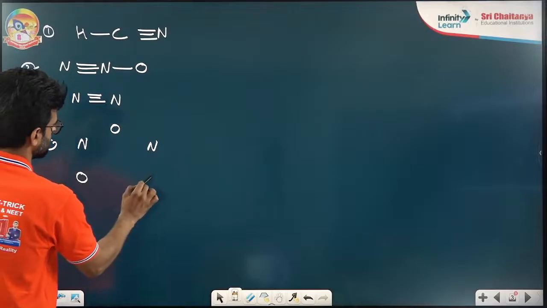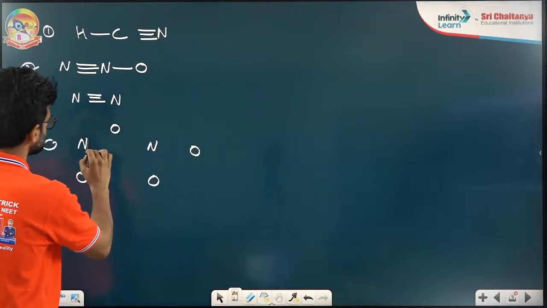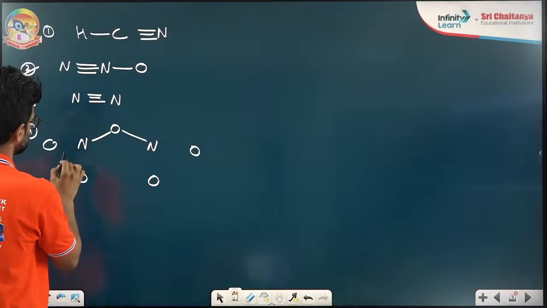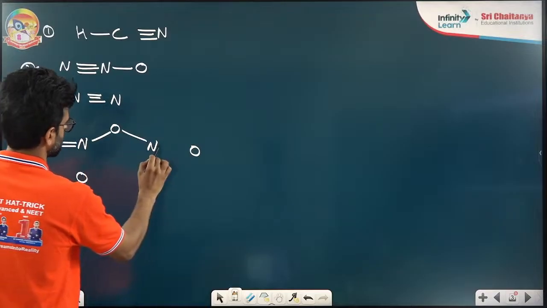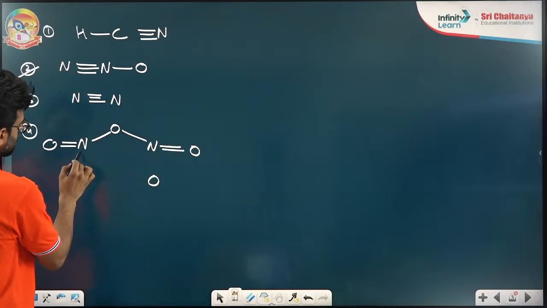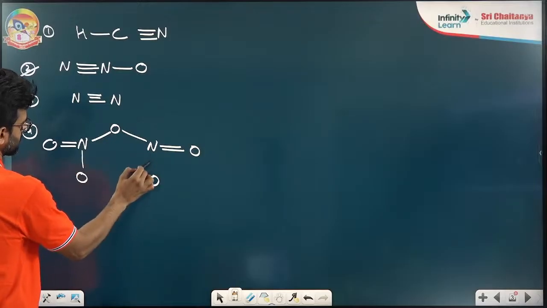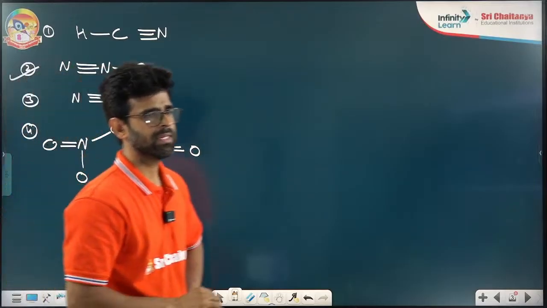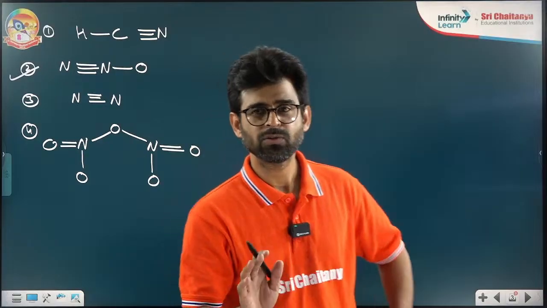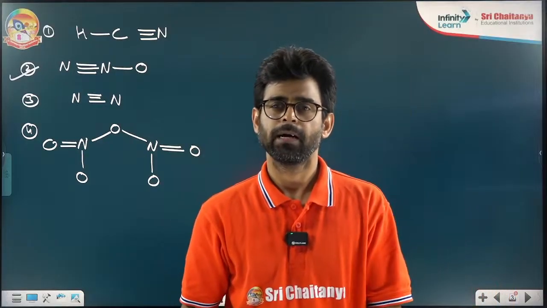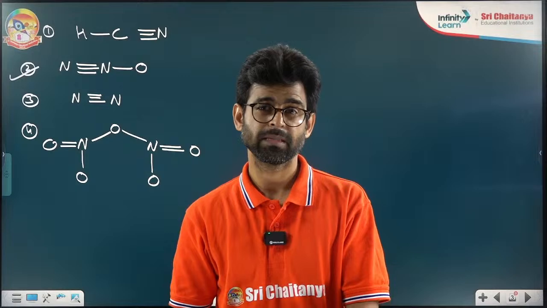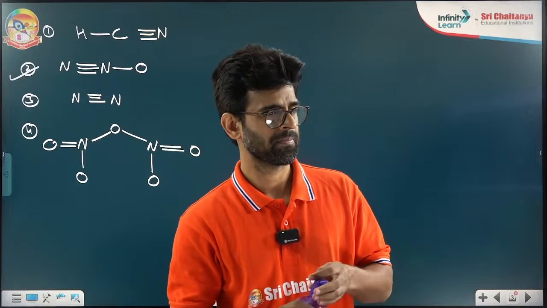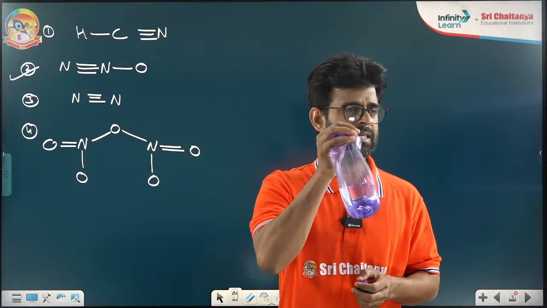This is your N2O5. Can you check, beta, in N2O5 do we have a coordinate bond? How can we tell? Yes, right answer.